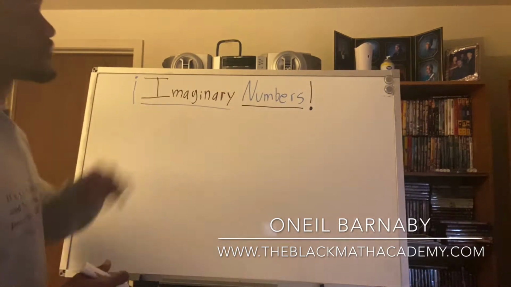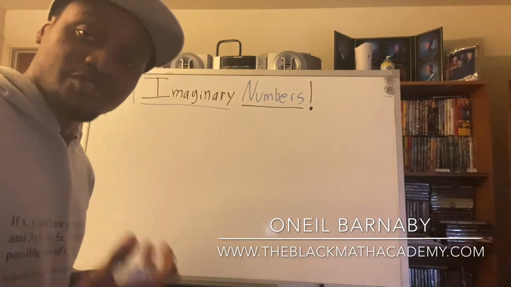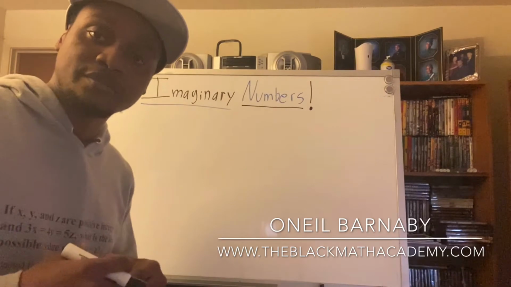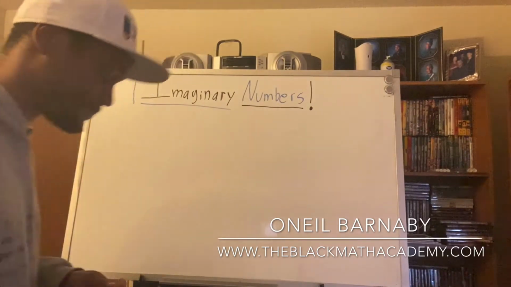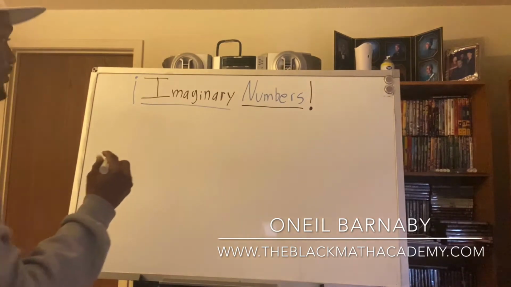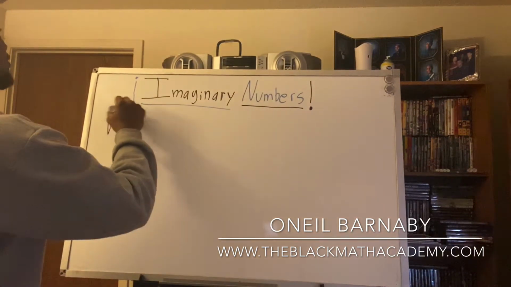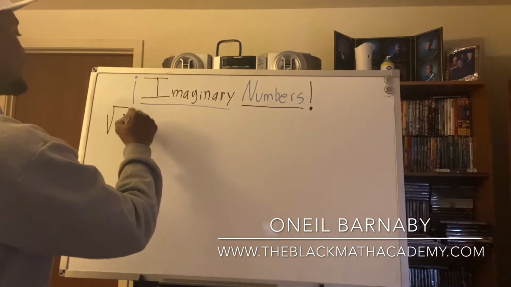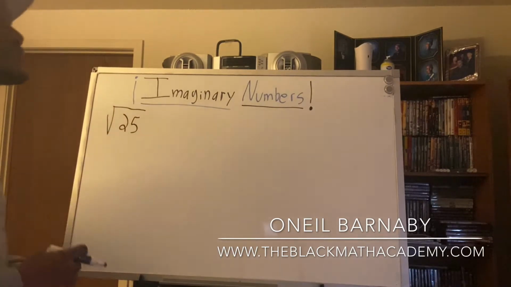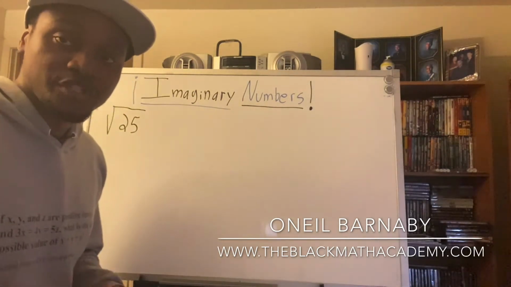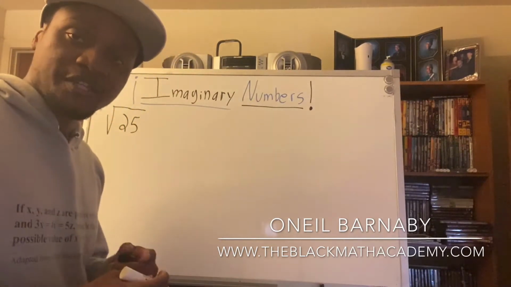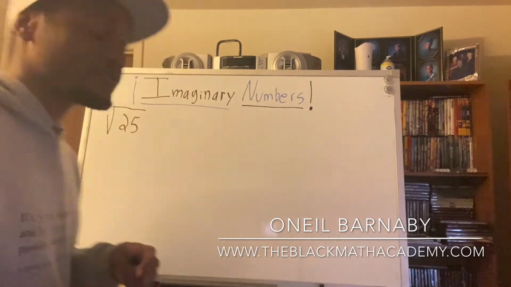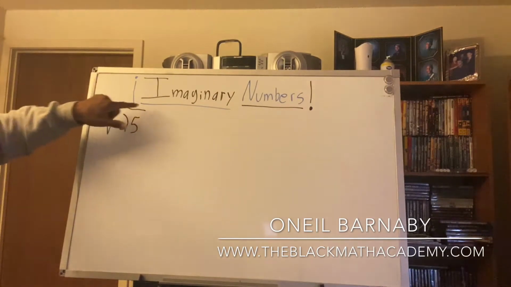So in order to talk about what imaginary numbers are, I need to first discuss what square rooting is, because that's where imaginary numbers come from. So we'll start with the problem, the square root of 25. What square rooting is, is that you're trying to find some number that when you multiply it by itself gives you the value inside the radical, or the symbol.